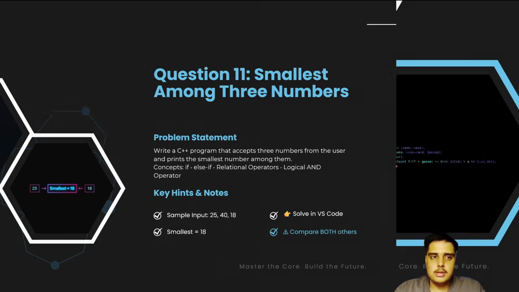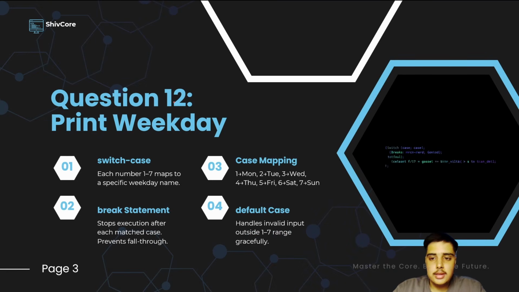So coming towards the next question, this is the first switch case question we are practicing here. In this we have to print the weekday. We will take a number input from the user which is from 1 to 7, which specifies weekdays. Let's say 1 will be Monday, then 2 Tuesday, 3 Wednesday, 4 Thursday, 5 Friday, 6 Saturday, 7 Sunday.